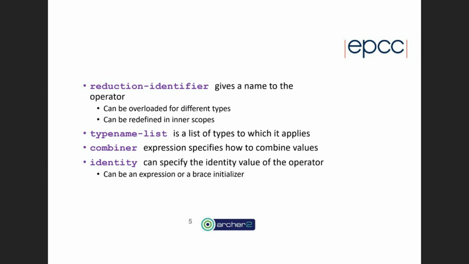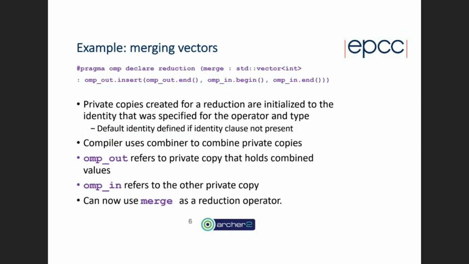And the identity specifies the identity value of the operator. That's the value with which the private copies will be initialized at the start of the parallel region or loop directive, for example, that has the reduction clause on it.